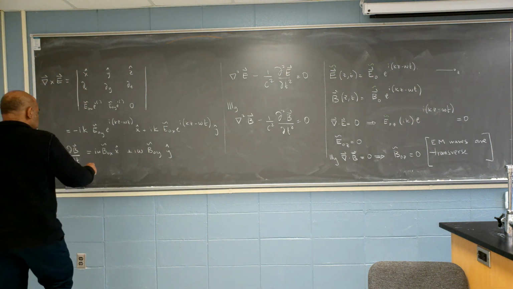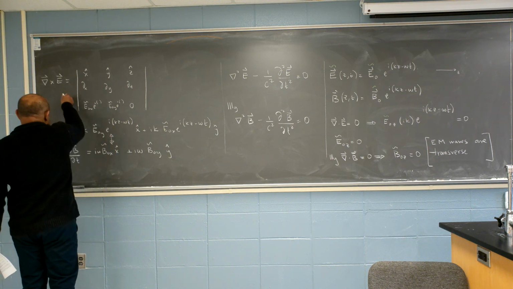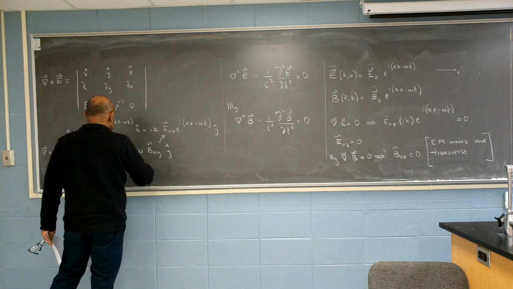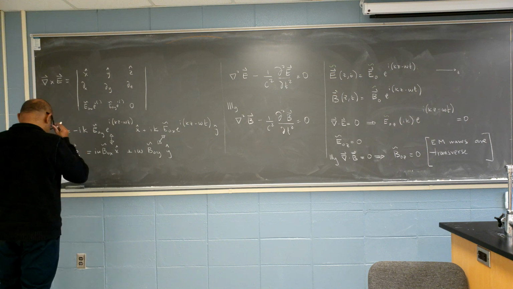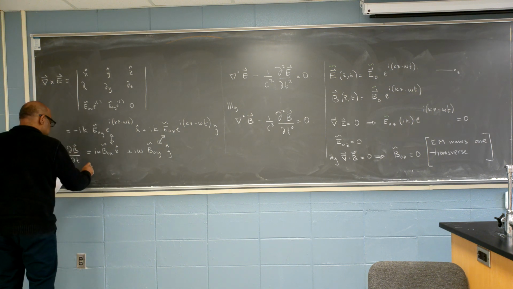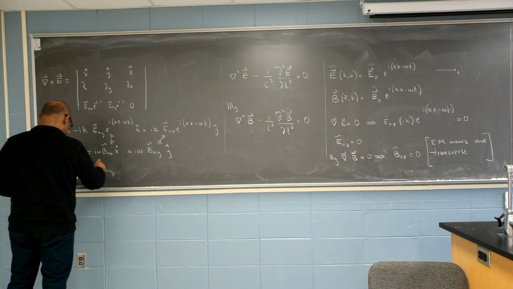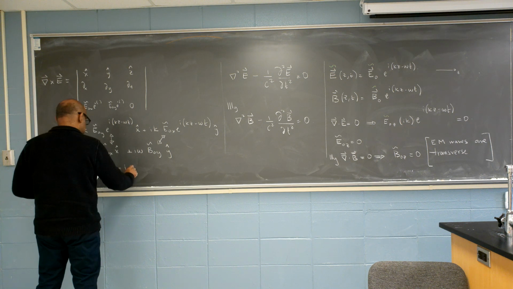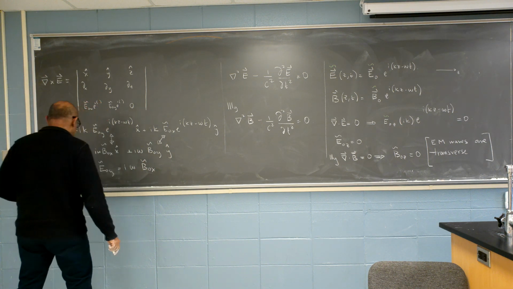So all we have to do is compare these two, because this is equal to that, so these two components have to be equal. So we get minus ik E0y is equal to i omega B0x. Let me cancel off the i.